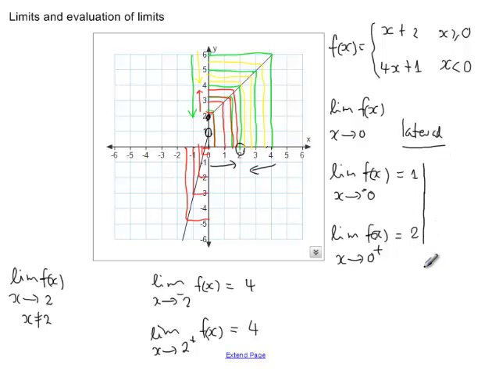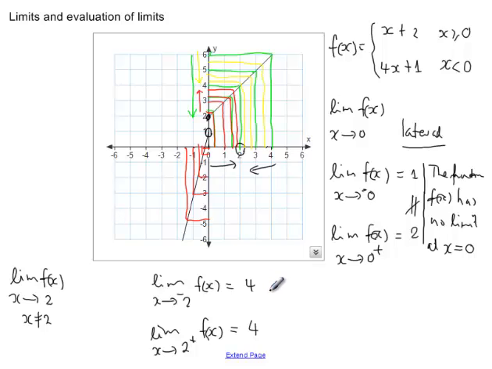When this kind of thing happens, in other words, 1 is different from 2, we say the function f of x has no limit at x equals 0. In other words, when the lateral limits differ, there's no limit.